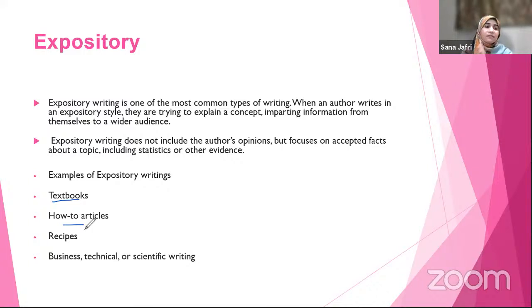How to do this, how to do that, how to write a thesis. It's going to explain the entire process. How to apply for an internship, whatever the topic be. Even your recipes, because they tell you stepwise instructions of how you are supposed to do something. In fact, technical writing or scientific writing, even business writing, which is trying to explain a concept, is expository in nature. I hope it is clear.